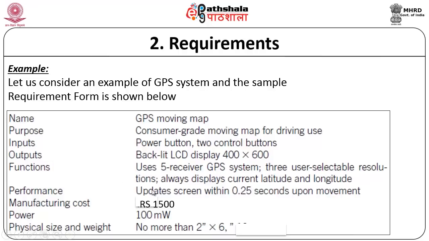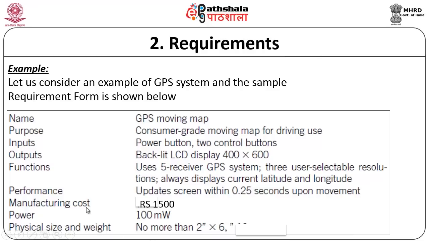So these are the functions the users may require. The performance update is that every 0.25 seconds upon movement it should update the current latitude, longitude, and maybe the map also.